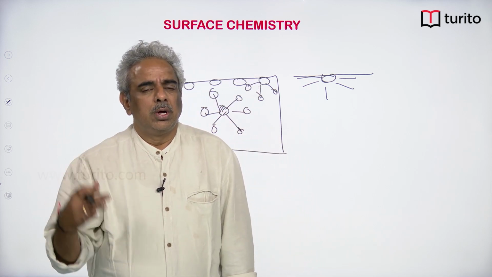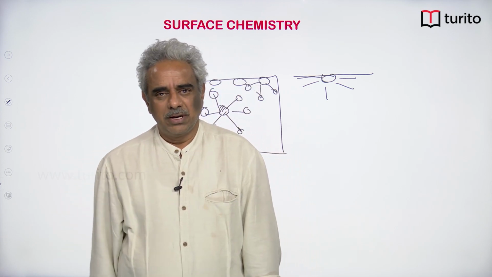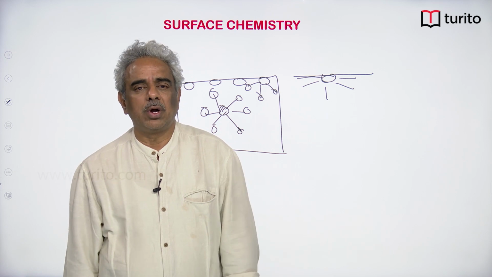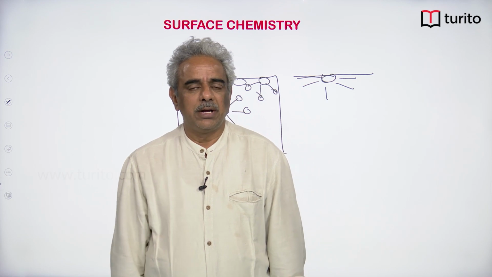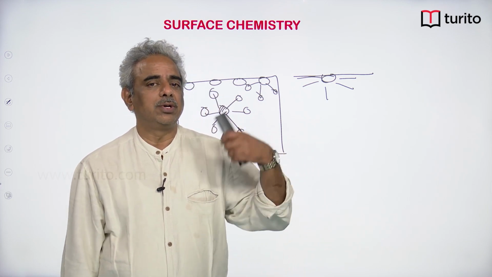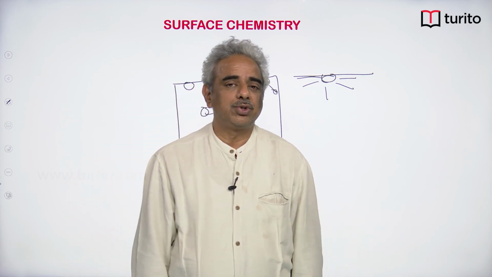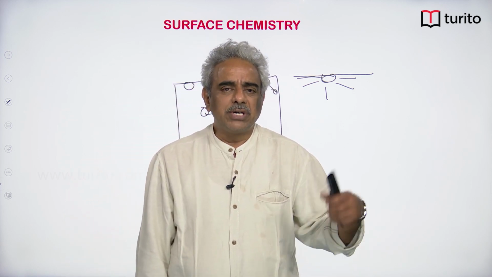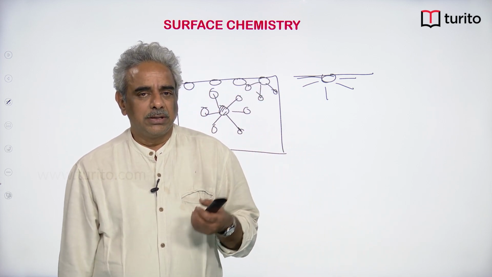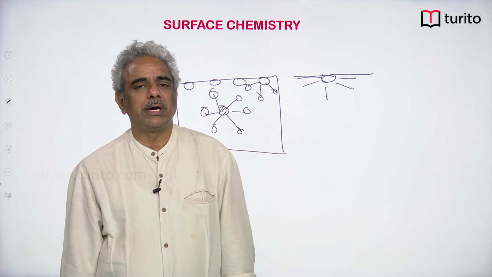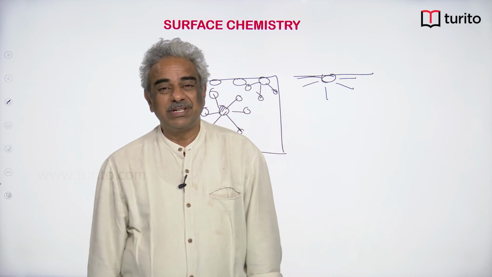So, they try to satisfy their unfinished valencies. Unfinished valencies means what? All the valencies of the particles on the surface are not satisfied, not saturated. So, they will show a tendency to get the unfinished valencies satisfied, or unfinished attraction saturated. In that process, the surface molecules will show a tendency to catch particles from the nearby vicinity.